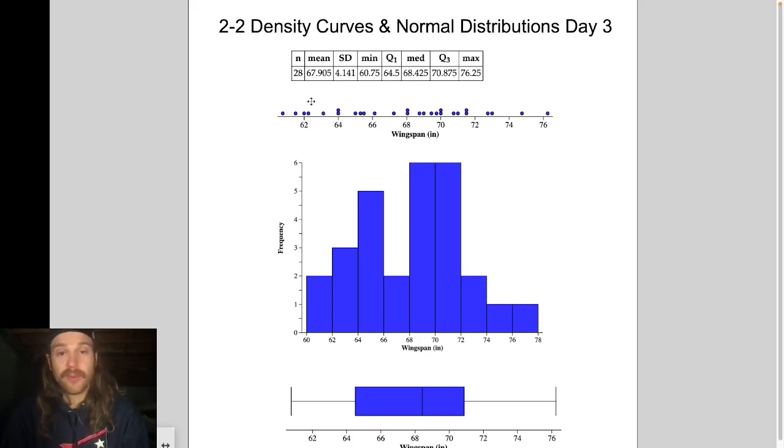But as we've seen previously, there are plenty of distributions that are not normal, like the uniform one of rolling the dice. And if the distribution is not normal, we can't use Table A. We can't use normal CDF.